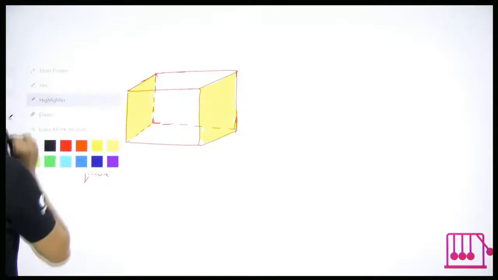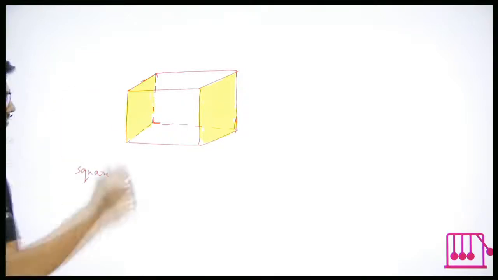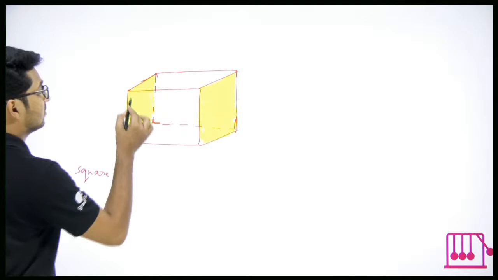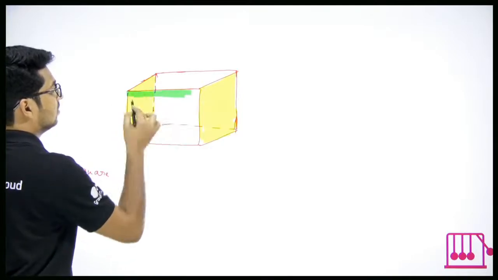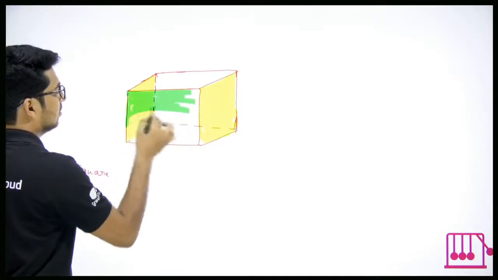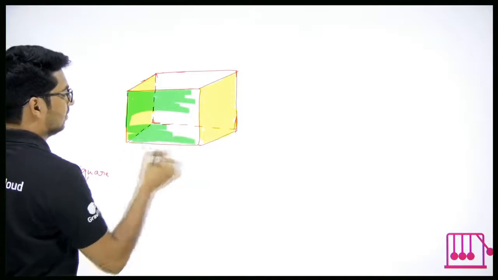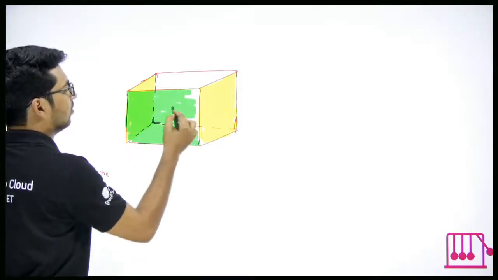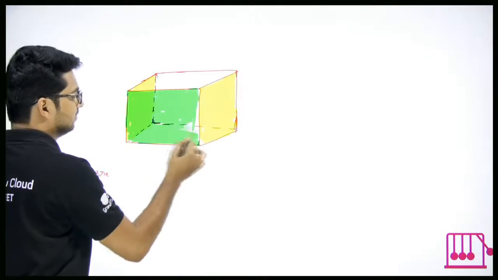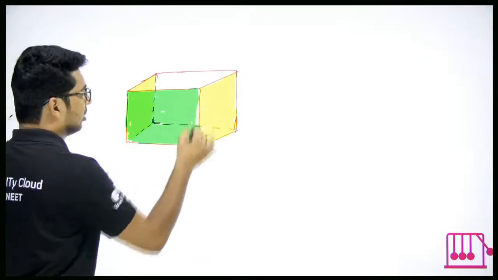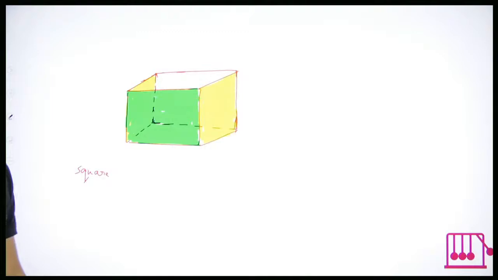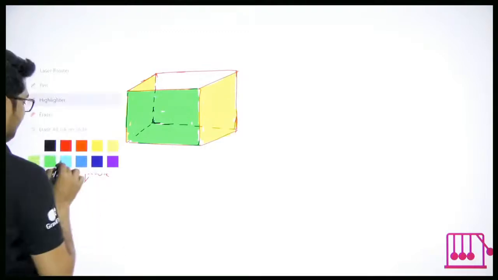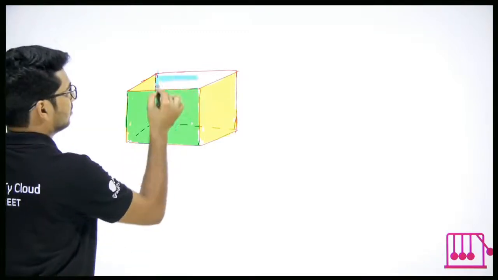Okay. Now, let me draw the others. What is this? This is also another one. Yes, another square. So in total, how many until now? Until now we got 3. 2 yellow, 1 green.